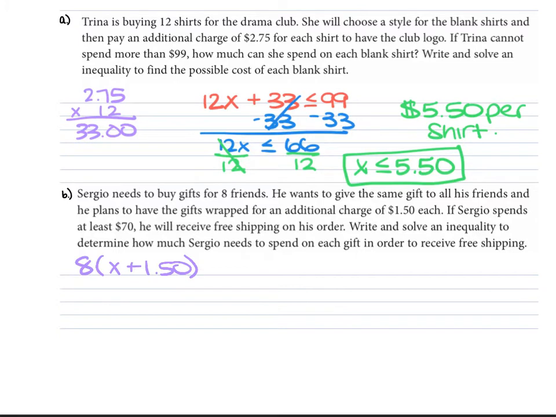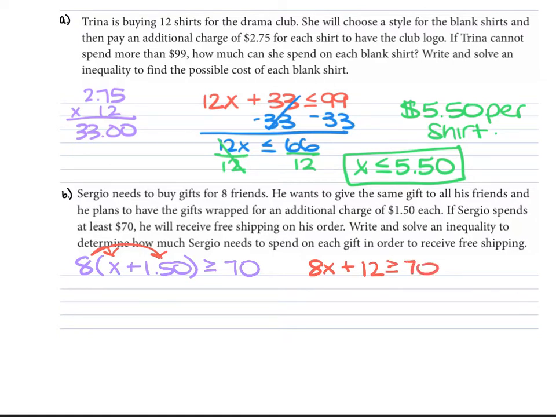Now it says that if he spends at least $70, so that means that this price has to be greater than or equal to $70. From here, we're going to distribute that 8. We're going to have 8x plus 12 is greater than or equal to 70.